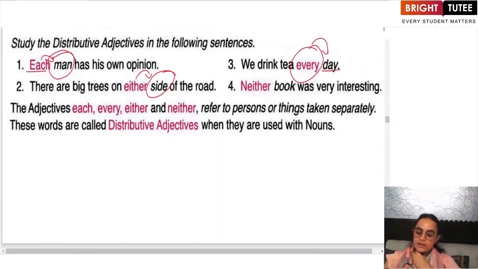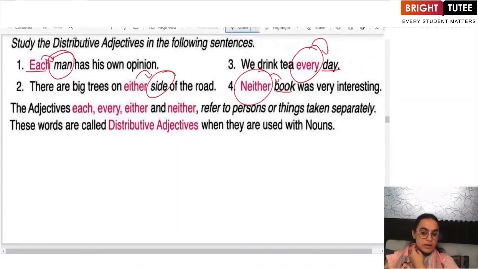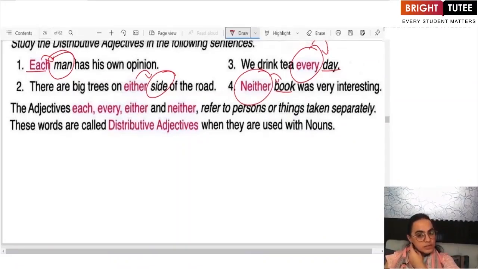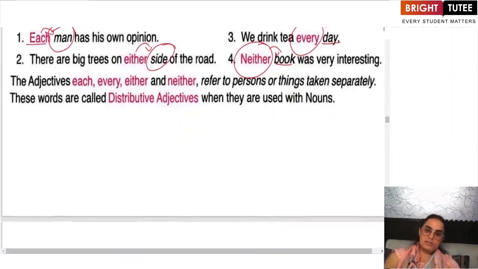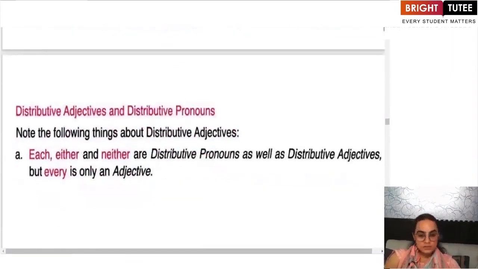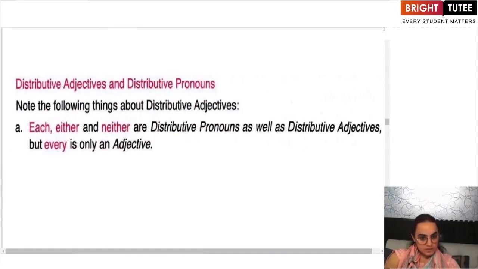Neither book was very interesting. Neither is used to describe the book, which was not interesting, so it is again an adjective. Alright, so each, every, either, neither, these are the distributive adjectives.